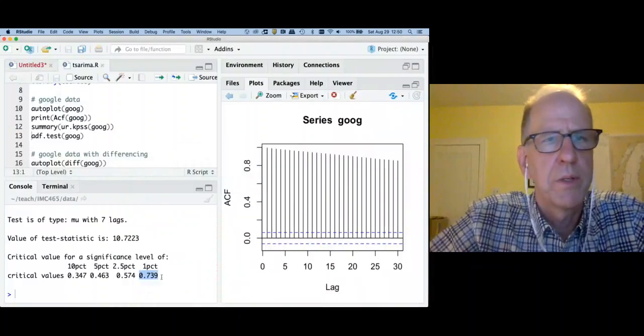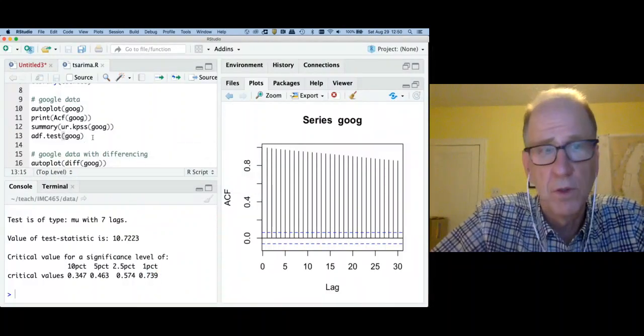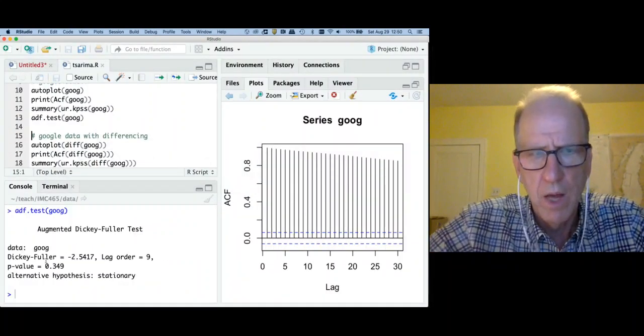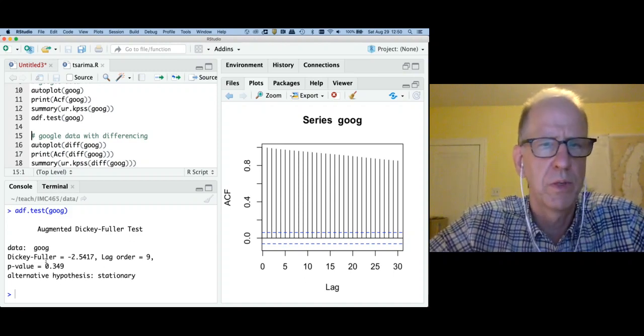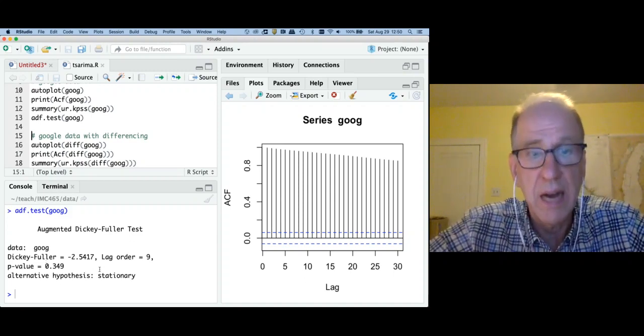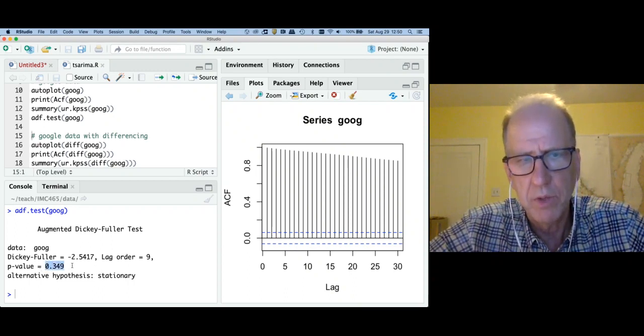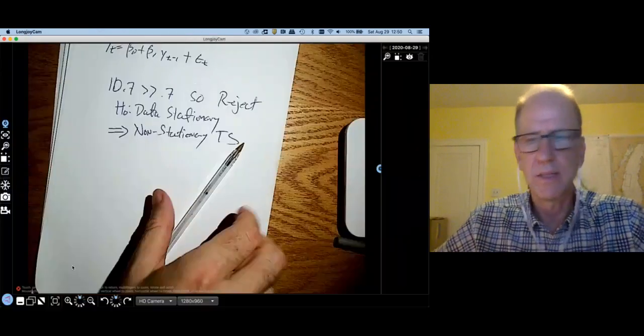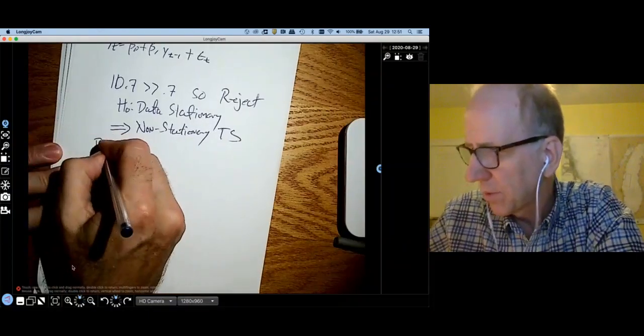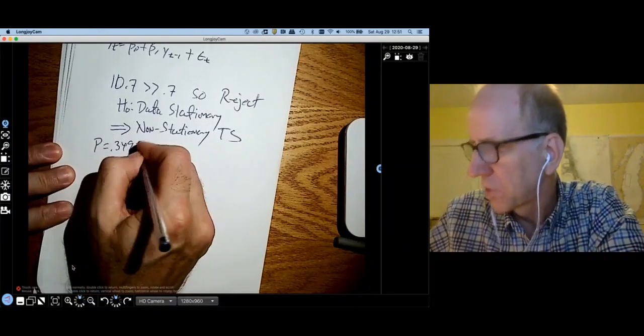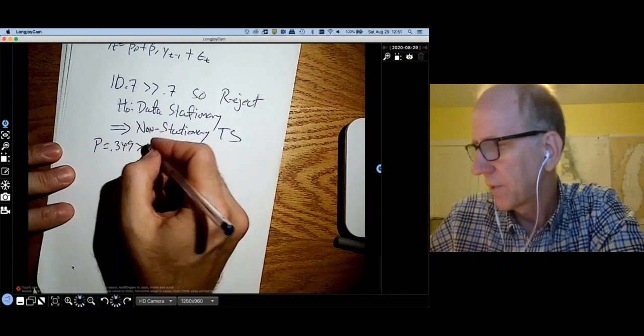Well, let's go run the augmented Dickey-Fuller test. The null hypothesis with this is non-stationary, and notice the p-value is large, so 0.349. So if we want to go write this out, p equal to 0.349 is greater than, say, 5% or 1%.